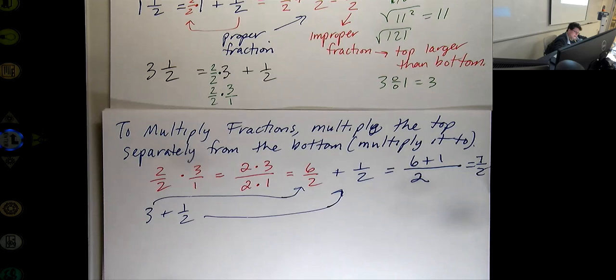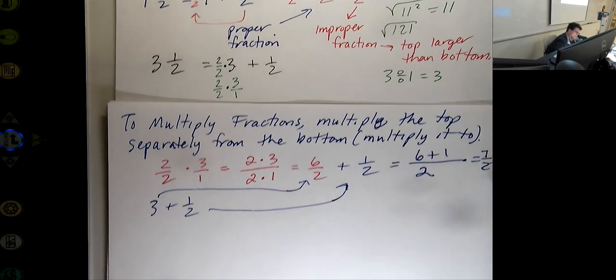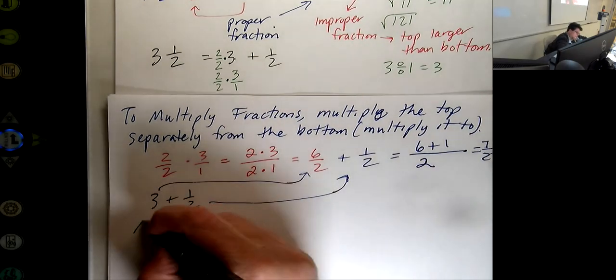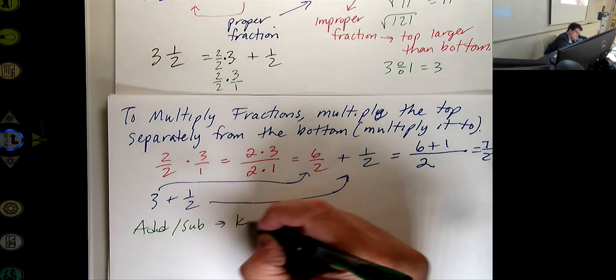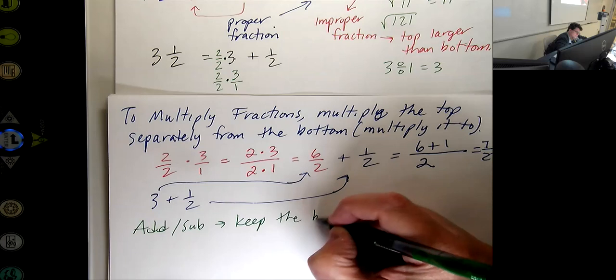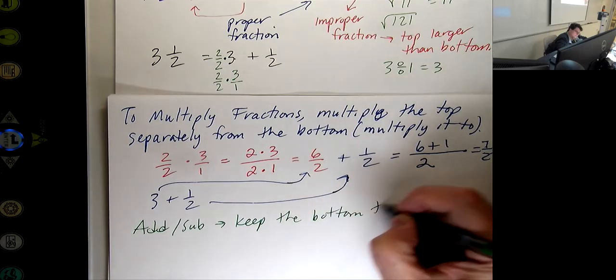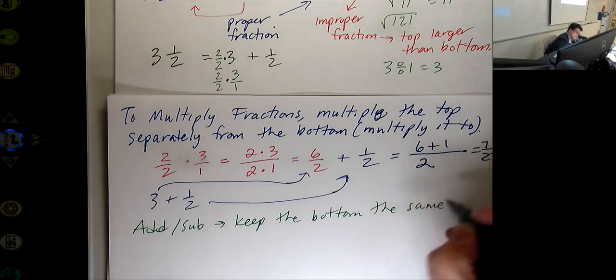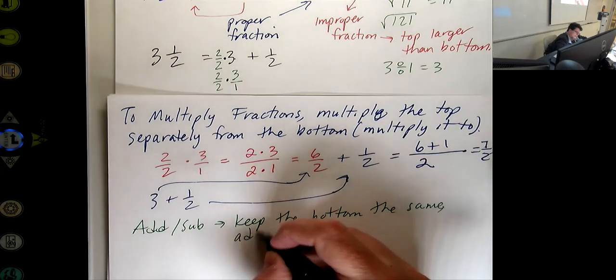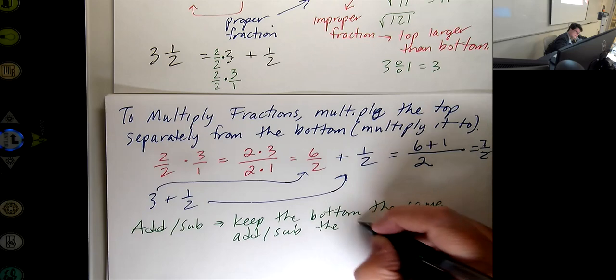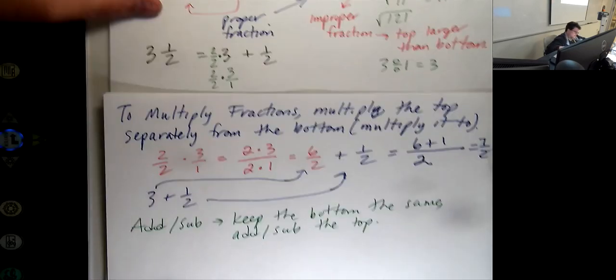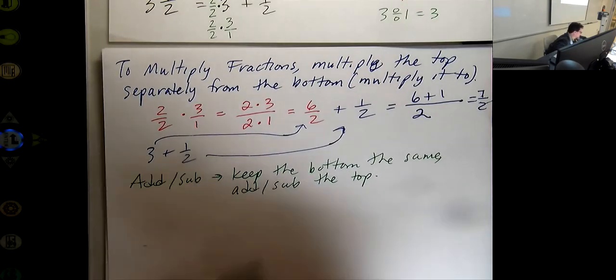So adding and subtracting work the same way. Keep the bottom the same. Add or subtract the top, depending on what sign there is. But division, we haven't done division yet. We'll get in there.